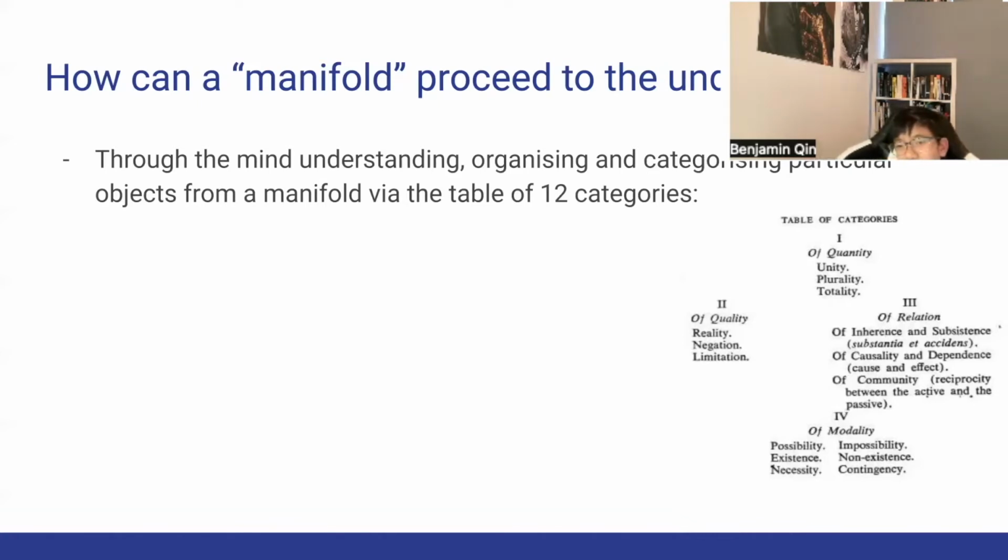One of the key categories you should pay attention to is the category of community, which is the reciprocity between the active and the passive. You should pay attention to this in particular because it ties in well with Kantian ethics.